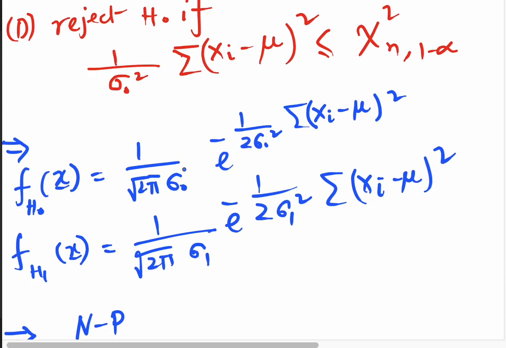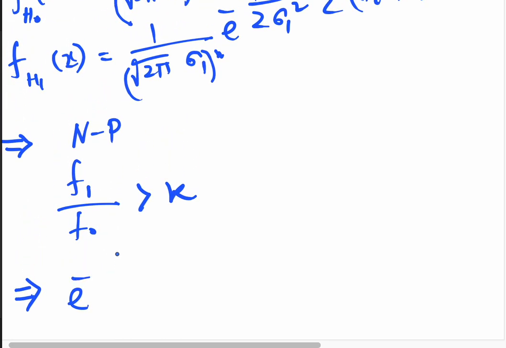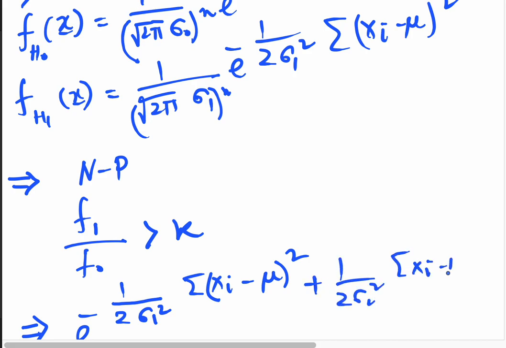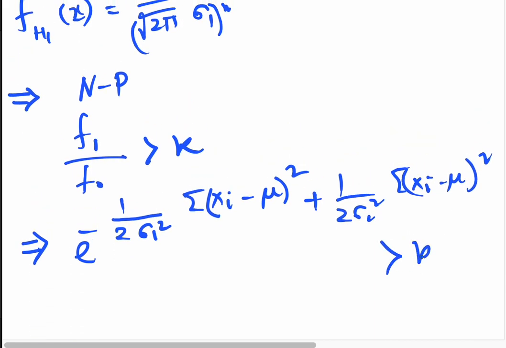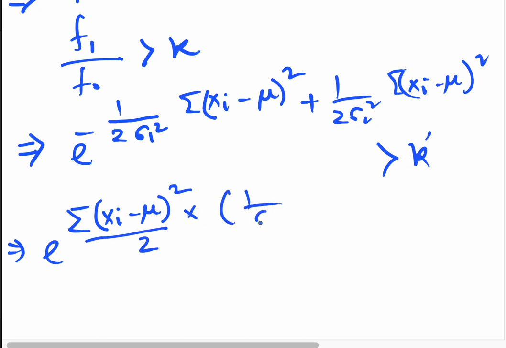So to the power n, this will give e to the power minus 1 by 2 sigma 1 square summation of xi minus mu square plus 1 by 2 sigma 0 square summation of xi minus mu square will be greater than some other constant k prime, so summation xi minus mu square by 2, 1 by sigma 0 square minus 1 by sigma 1 square greater than k prime.